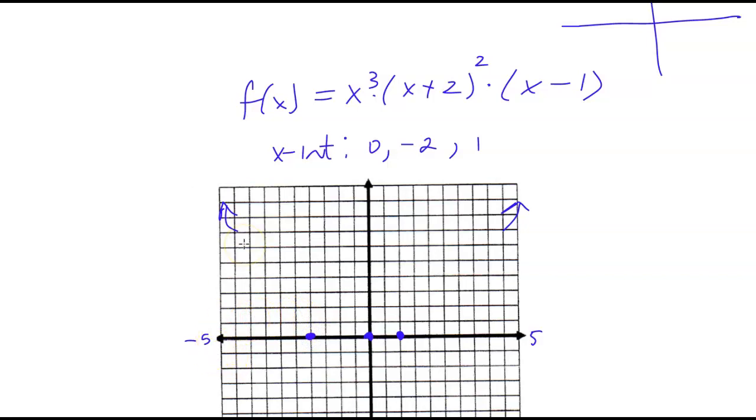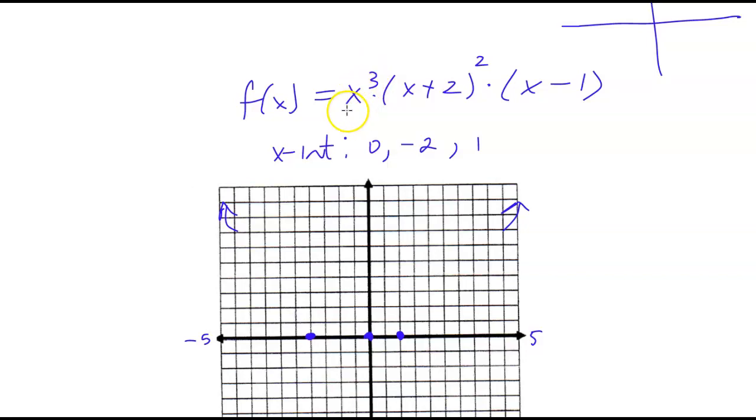And so if we remember what we learned in pre-cal about multiplicities and how your polynomial will act as it goes through the x-axis, depending upon its multiplicity. Whenever you have odd multiplicity, your graph crosses through the x-axis.